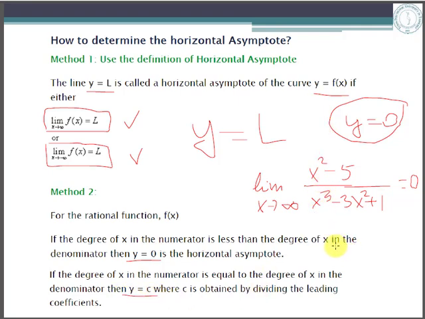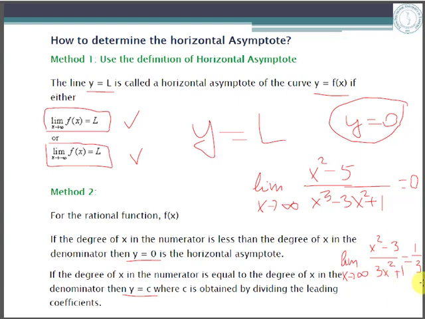Let's show an example. For example, the limit as x tends to plus infinity of x squared minus 3 over 3x squared plus 1. So the limit is equal to 1 over 3, because the powers of x are equal here.